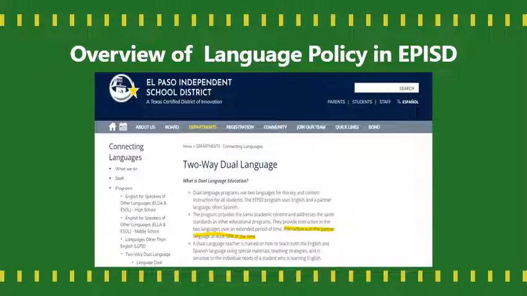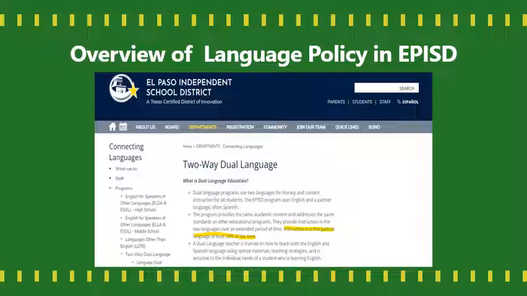Now, per our last meeting with Connecting Languages here in EPISD, we were told that that will no longer be an option. Students in grade pre-K to 5th grade will have to follow the 50-50 schedule in terms of instructional minutes in each language.